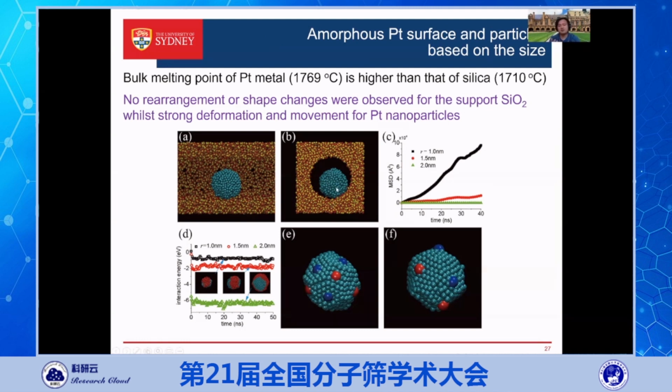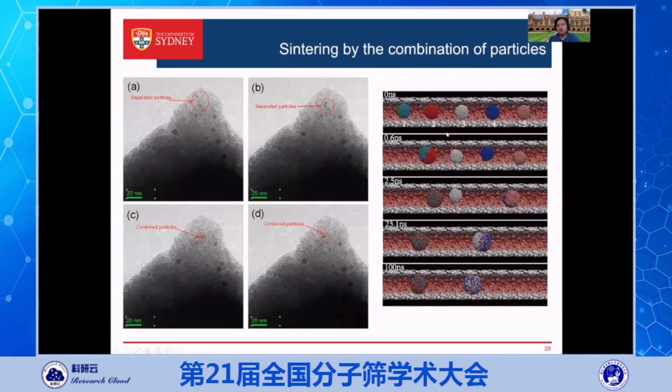Because of the amorphous surface and the running of the atoms, the particles can change shape and pass through the windows of the pores. This phenomenon is very interesting for us because they combine together, moving inside the pore, but never become bigger than the pore size. Therefore we are able to keep the dispersion inside and block sintering.